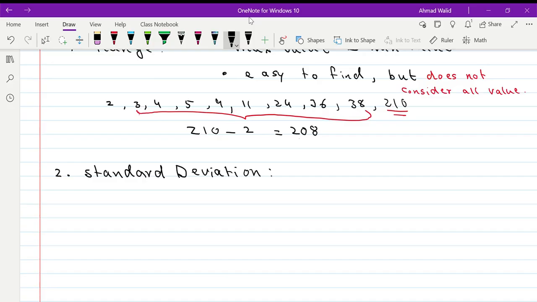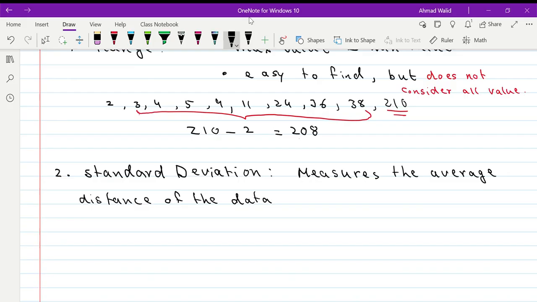What the standard deviation actually does is measure the average distance of the data values from the mean.